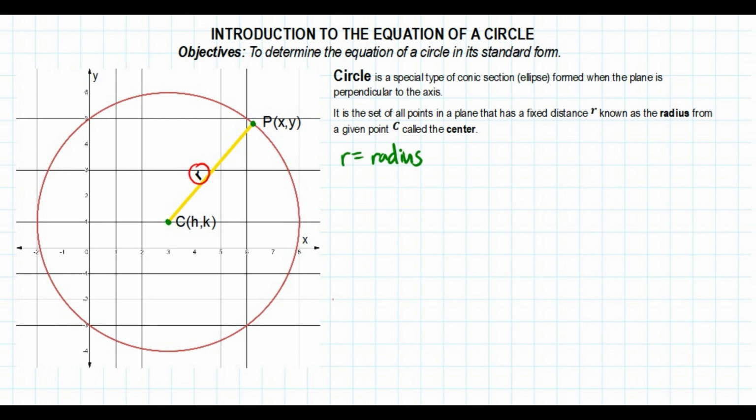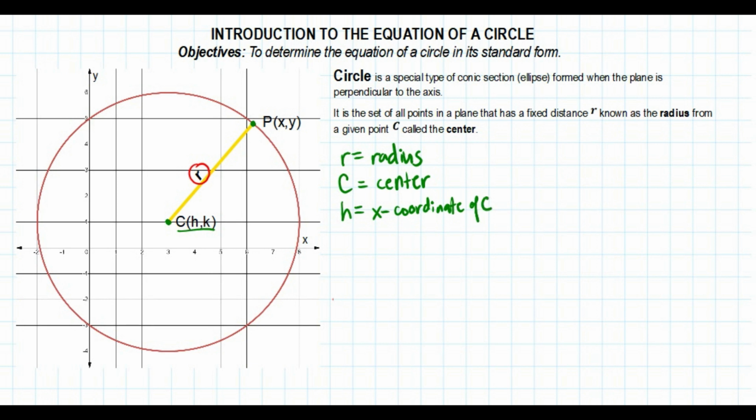Next, ano naman tong si C? So, kilala nyo na si C. C is the center. Tama? Now, ano naman itong dalawa na nasa loob niya, which is the H and K? H serves as the X coordinate of the center.